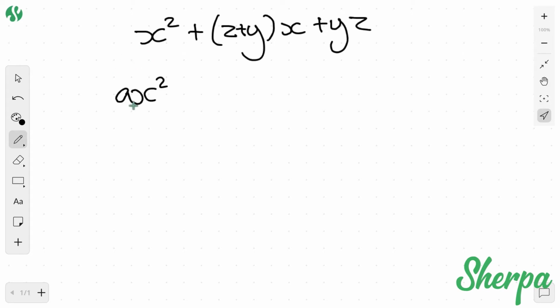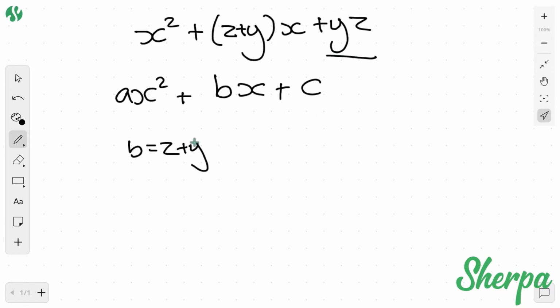Well, here we know that a is just going to be equal to 1 plus bx plus c. Well, it's quite easy to see that this coefficient, which just means a number that you times your variable by, is going to equal z plus y. And this variable here, c, is just going to equal y times z, or z times y. It doesn't matter which way you do that.